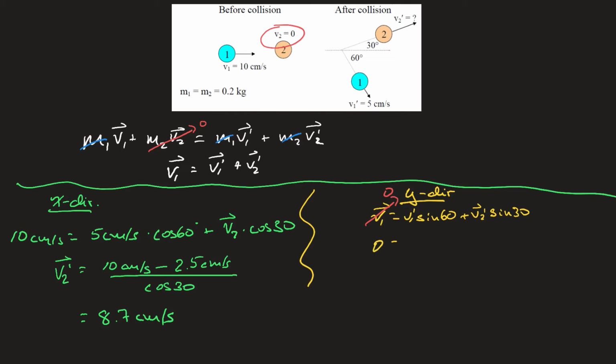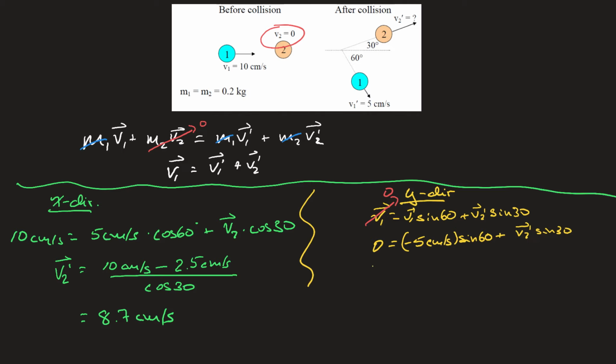So what you're left with is 0 equals -5, because of course it's going down, so we need to account for direction, centimeters per second times sine 60 plus v2 prime sine 30.